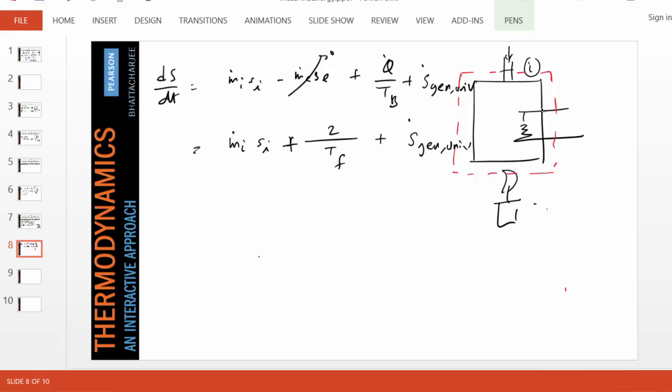So as you can see, the energy that is entering with work doesn't enter the equation at all. So the entropy of the system in this case will change because of the transport of entropy by mass, transfer of energy by heat, and entropy generation because of friction, thermodynamic friction in the system.